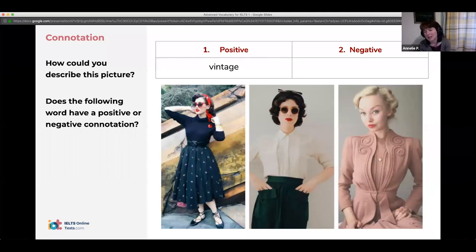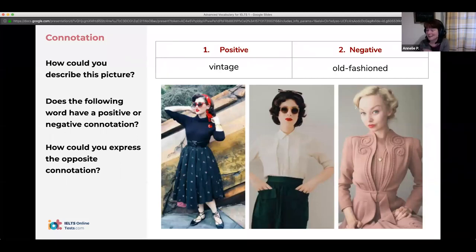But if I wanted to be a bit more negative, how could I do that? Okay, old-fashioned. Yeah, I think old-fashioned is particularly what we're looking at. I guess costly is also a negative way of describing it, but more specifically, oh, obsolete. That's quite interesting, it's more about machinery than clothes, but it's a very good word to use.